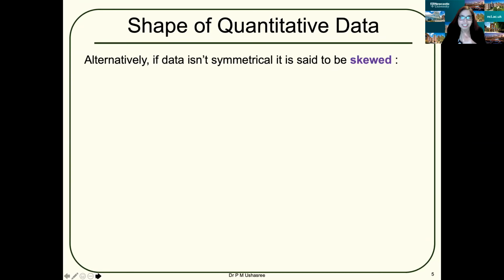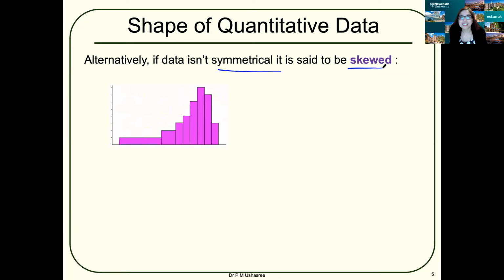Now let's go to the next shape. If data isn't symmetrical, it is said to be skewed. That means the previous shape, the symmetrical shape, has no skew. So what is the skewed shape? Look at the tail.